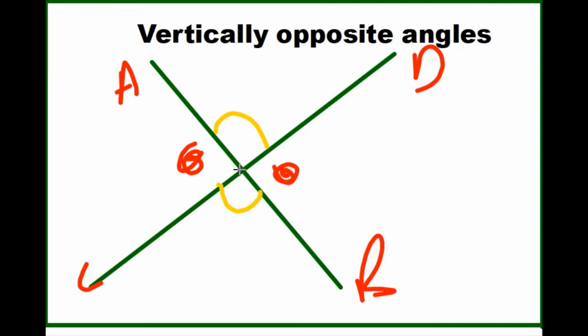Then the vertically opposite angles are equal. So the opposite angles are equal, as shown in this slide.